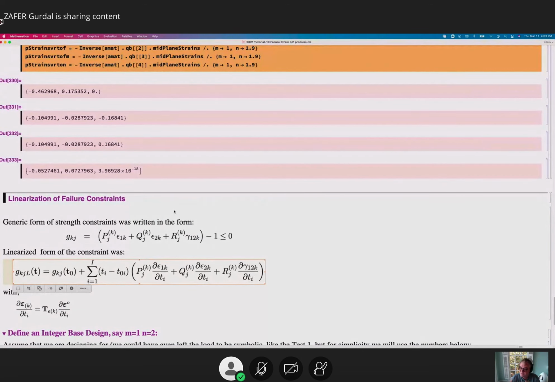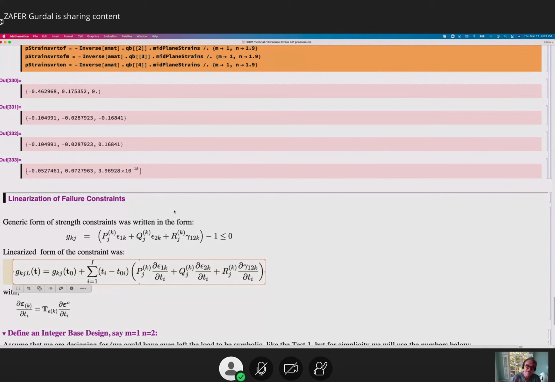Then you keep repeating this until you converge to a non-integer design. You can do this without requiring this capability to have integer values. And at the final point, you can then call integer variables and design it.